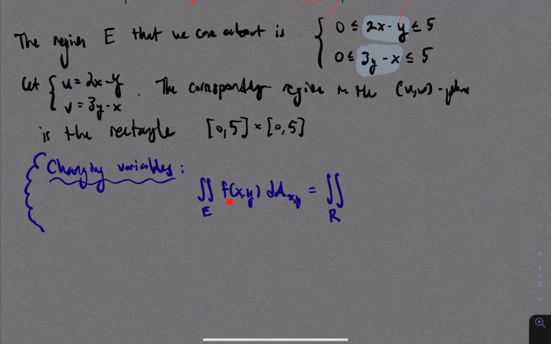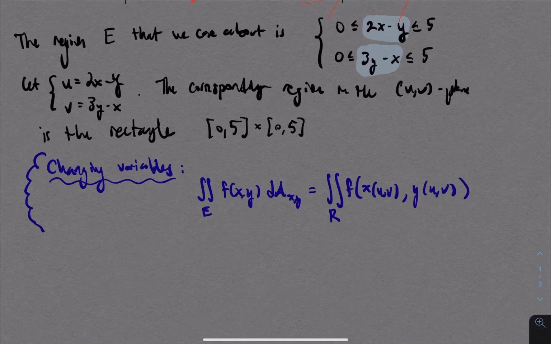We have to figure out how to rewrite the original function in terms of u and v. So this will look a little confusing when I write it. I wouldn't worry about it too much. This is just saying write x in terms of u and v, and write y in terms of u and v. Then to change the differentials, this is where the Jacobian comes in.